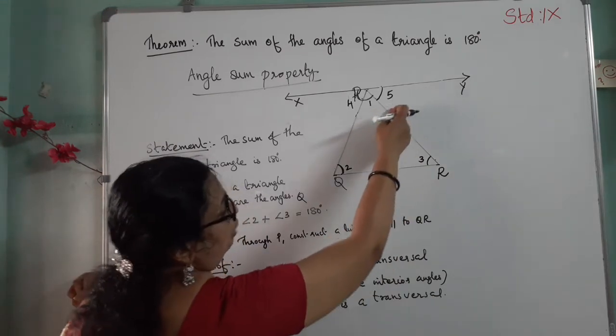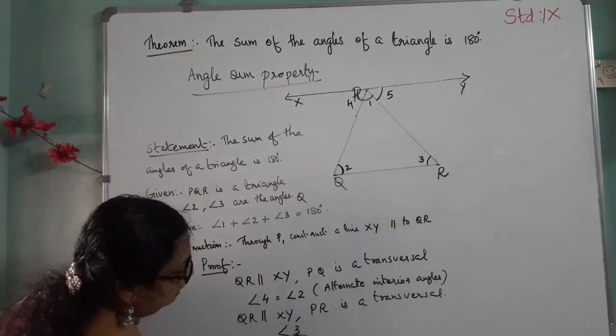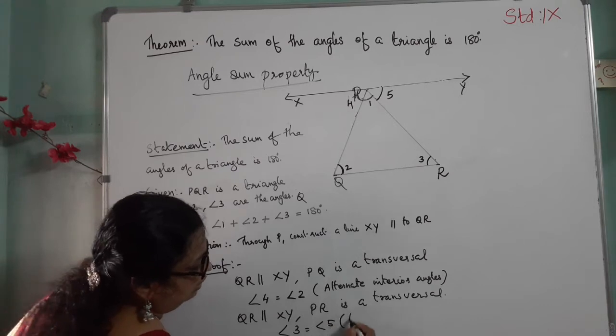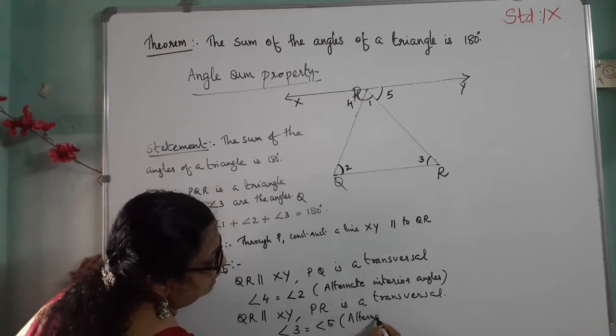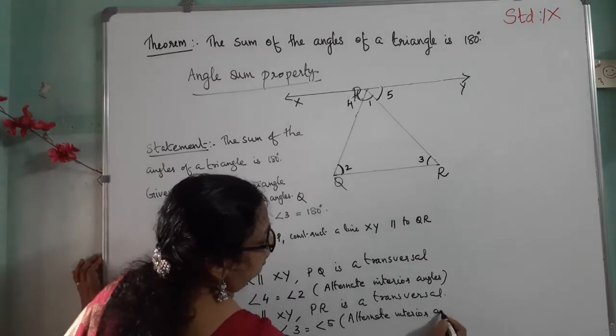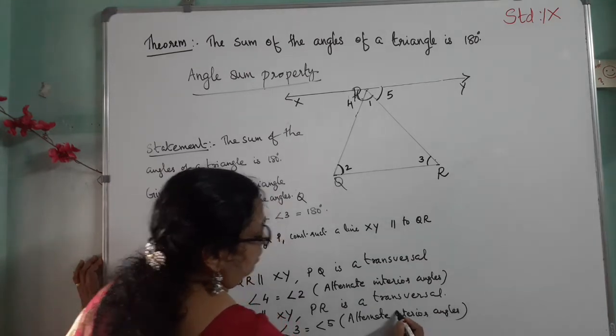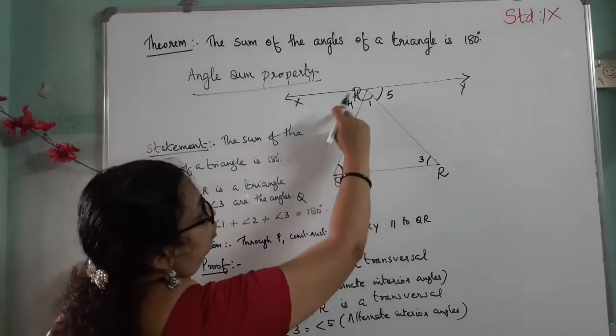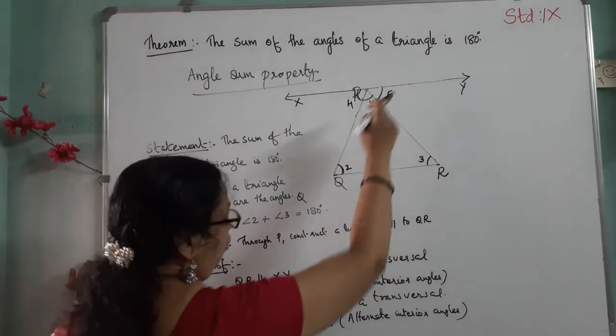Angle 3 equals angle 5, for the same reason: alternate interior angles are equal. So angle 2 equals angle 4, and angle 3 equals angle 5.